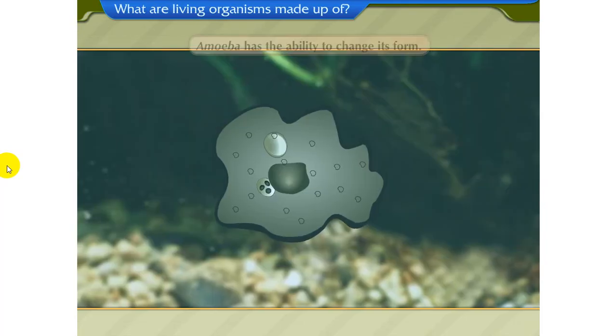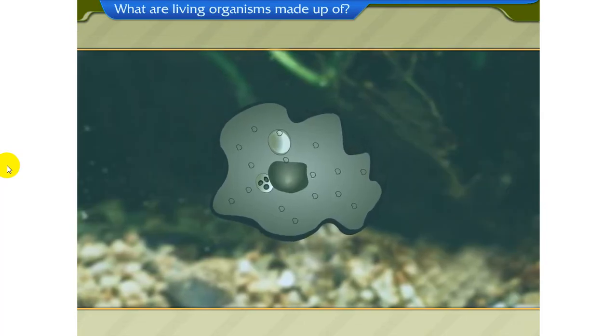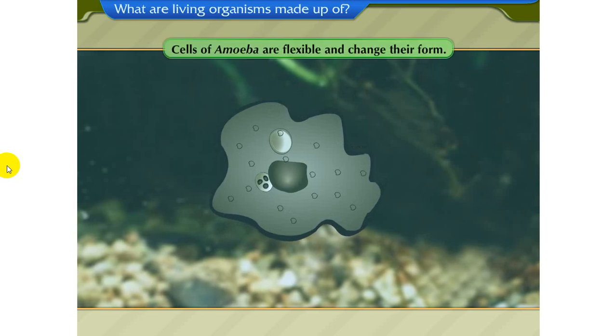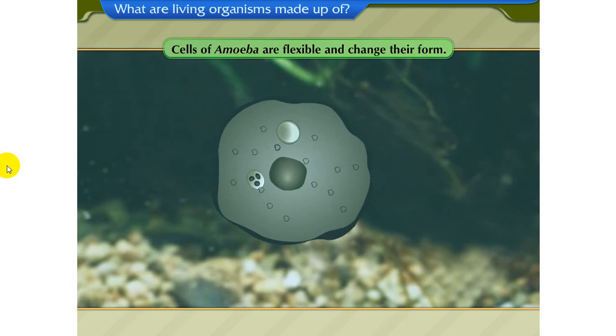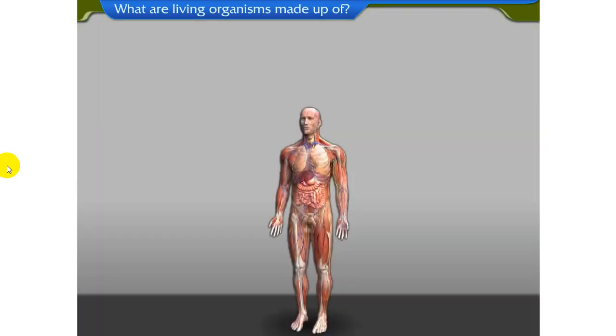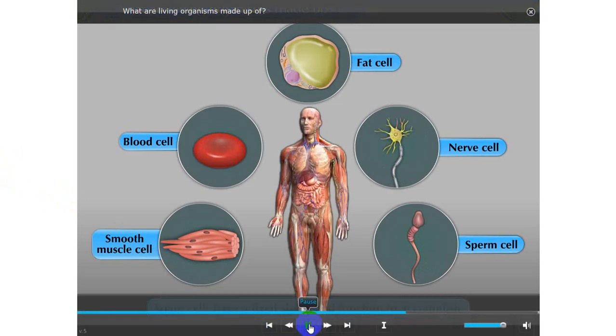For example, amoeba has the ability to change its form. This is because the cells of amoeba are flexible and help it to change its form. On the other hand, some cells have a fixed shape and a particular function to accomplish.